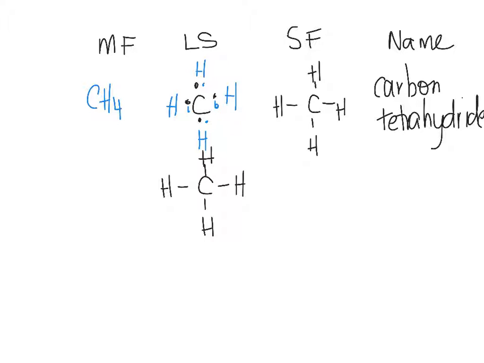All right, polar covalent bonding. This is where there's unequal sharing, so we're going to do hydrogen chloride, HCl. Hydrogen brings 1 valence electron. Chlorine brings 7. So this way, chlorine is surrounded by its 8, hydrogen by 2.